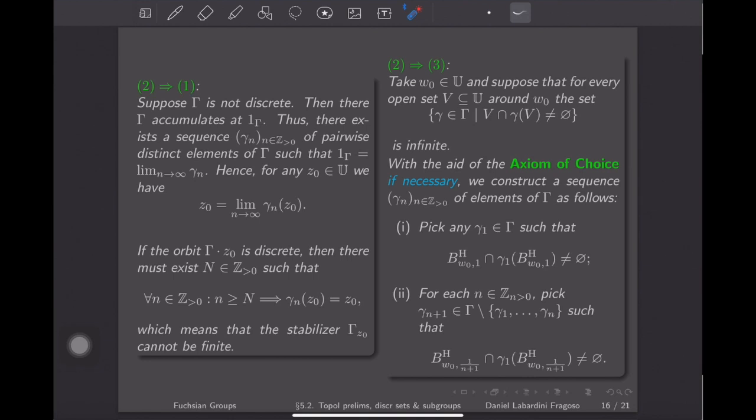And so you see, when I evaluate at Z naught, it is then the limit of these evaluations, right?